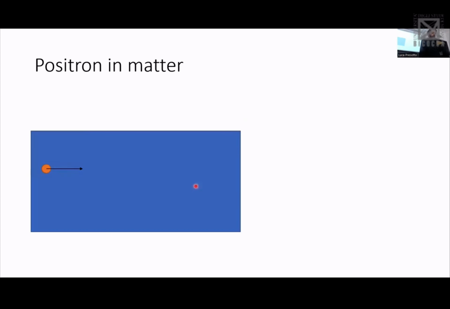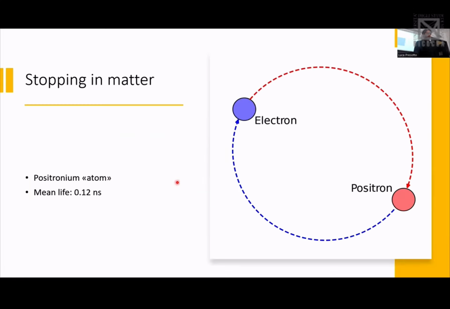So what happens when you have a nucleus that emits a positron? This positron walks around in matter. It has what's called technically in physics a random walk. It moves around to lose all the energy that it was emitted with, and then it stops.